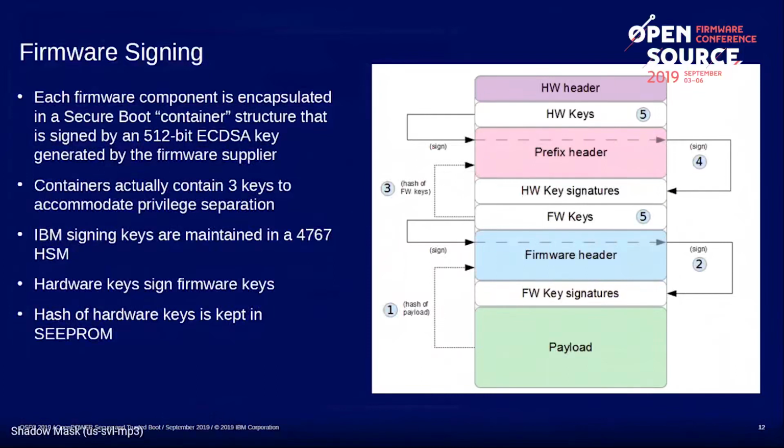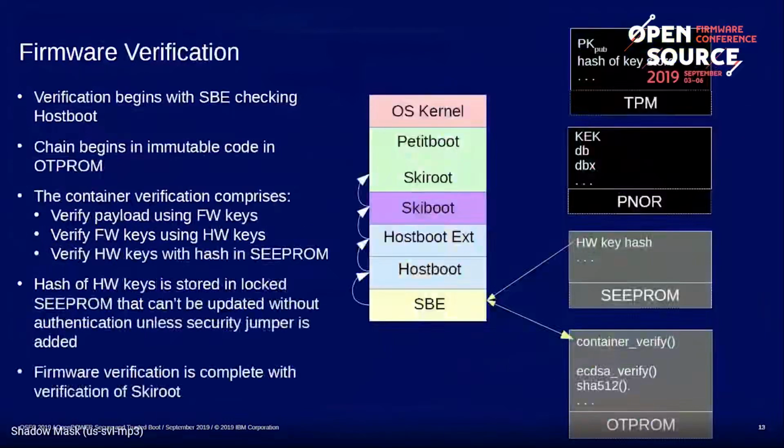And we keep a hash of the hardware keys in the CPROM. And the firmware can really only be updated by applying a security jumper so that you update the host boot and the CPROM concurrently. So you can actually change it, but we've made it hard to change absent a physical attack.